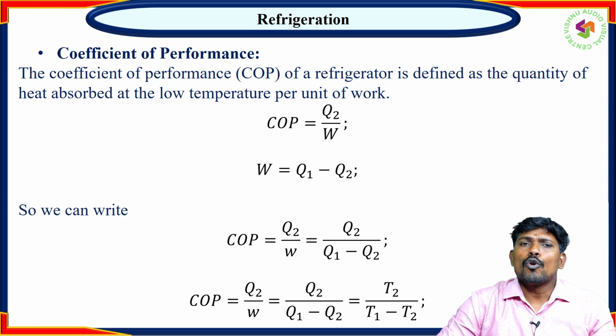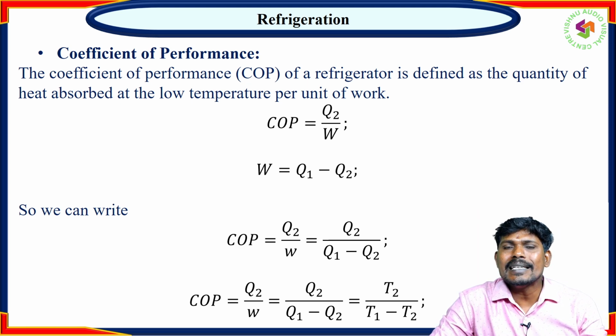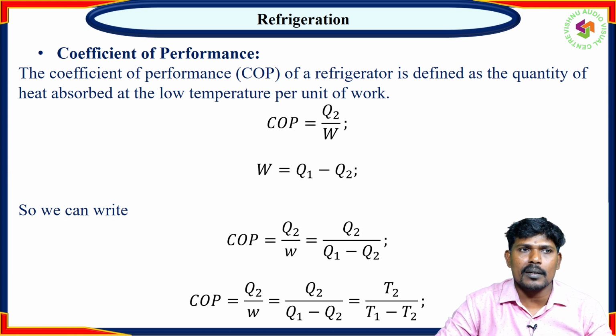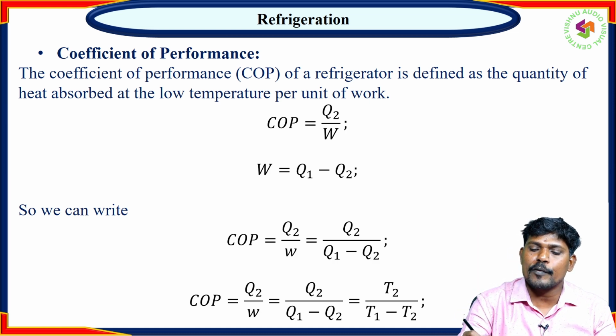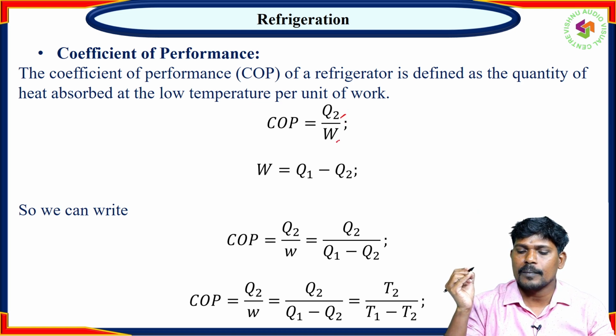Next one is the coefficient of performance of refrigeration. The coefficient of performance of a refrigerator is defined as the quantity of heat absorbed at low temperature per unit of work. The coefficient of performance is the quantity of heat absorbed per unit of work.